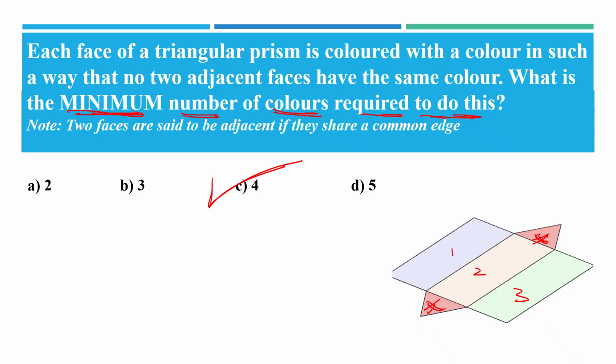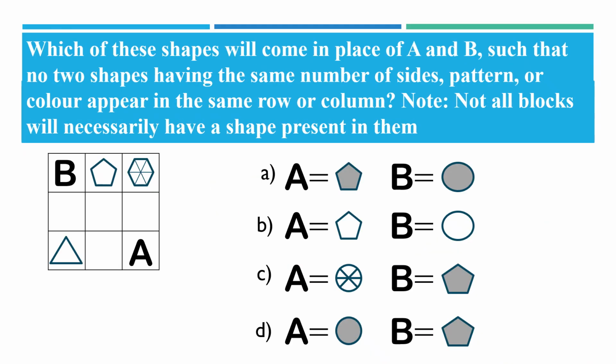Great. And let's move on to the next question. Our question is, which of these shapes will come in place of A and B? They want us to replace A and B such that no two shapes having the same number of sides or the pattern or the color appear in the same row or column.